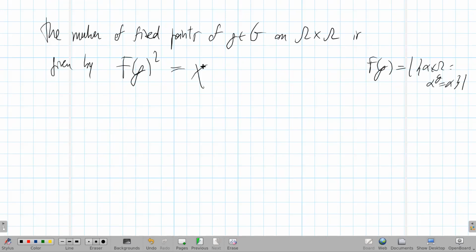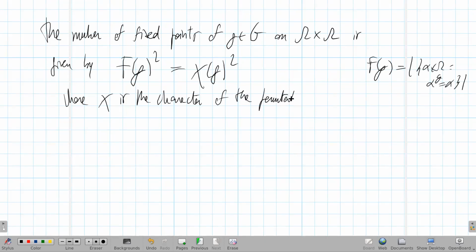But this is exactly chi of g squared, where chi is the character of the permutation representation of G on omega.